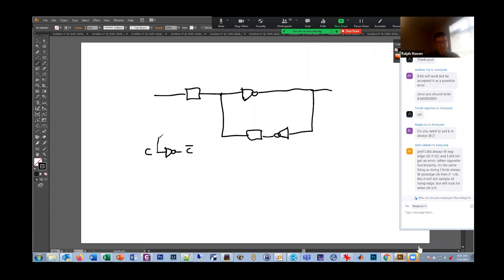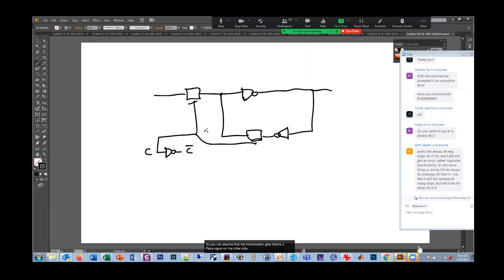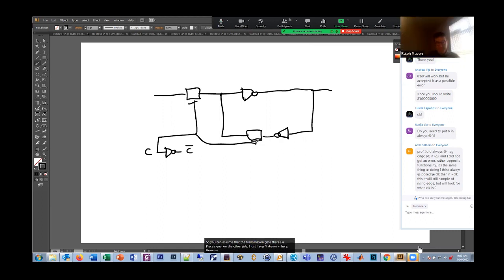I'm gonna draw. So you can assume that's a transmission gate. There's a P signal on the other side. I just haven't drawn it here. Oh, sorry. There's a bubble here.